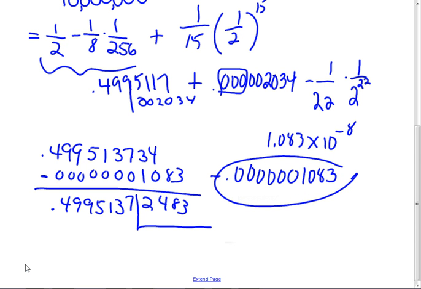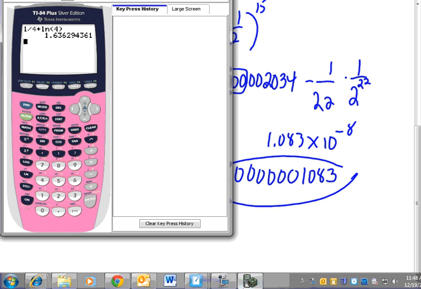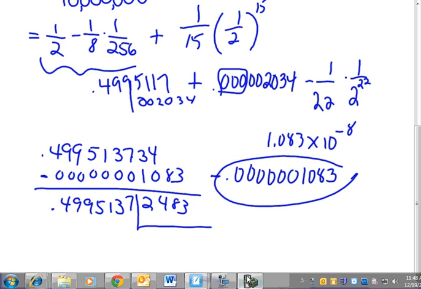I don't even see a 2483. Oh, because I only have to be correct to the 7. So let's find out. Let's do it on a calculator. And then the rest of the time is to work.